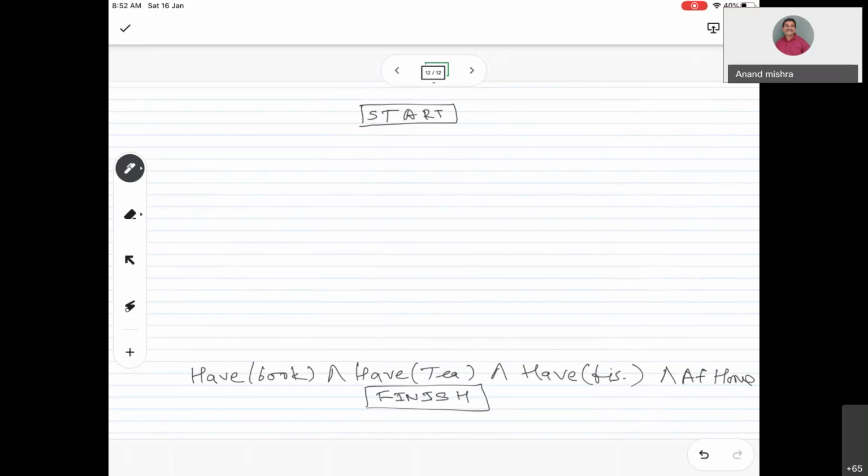Okay. What is the start state here? You are at home, and then there are these things like sells BS, book, and sells TS, T store, sells tea, and sells T store, also biscuit.